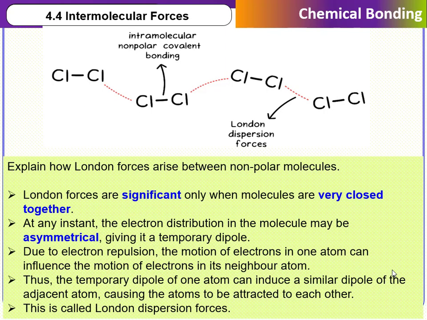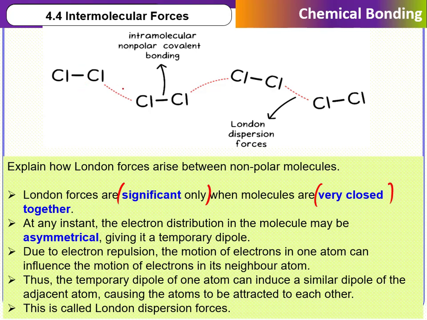Let us look at the tutorial question, which is asking you to explain how London forces arise between non-polar molecules. So, you are given a Cl2 molecule. London forces become significant only when they are very close together.